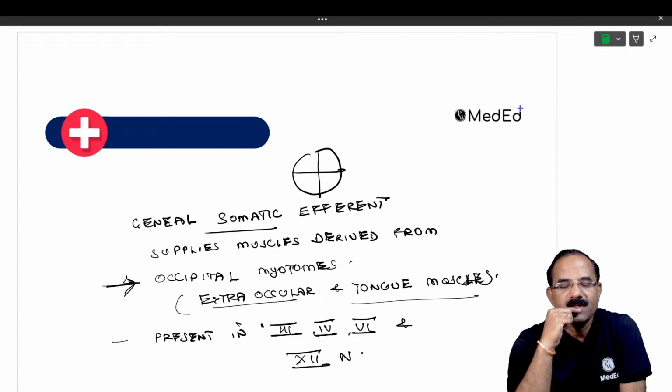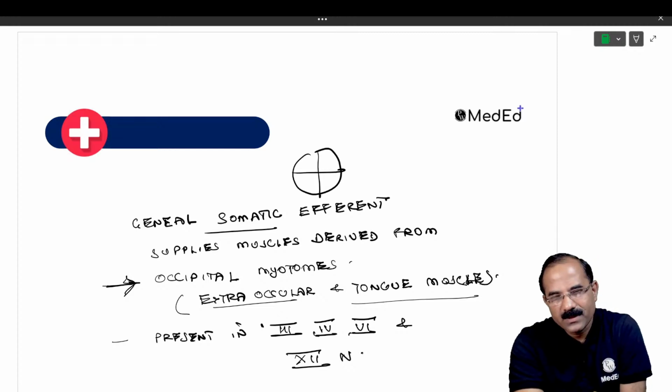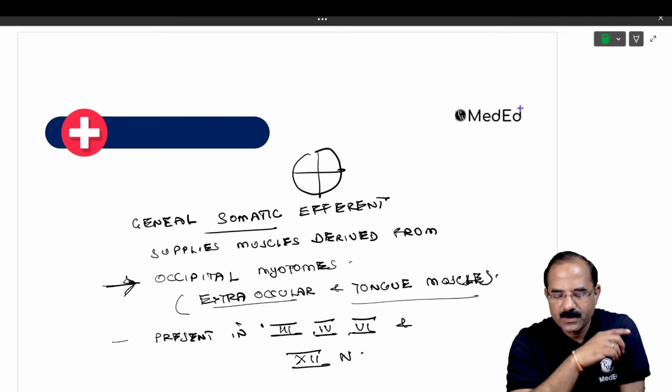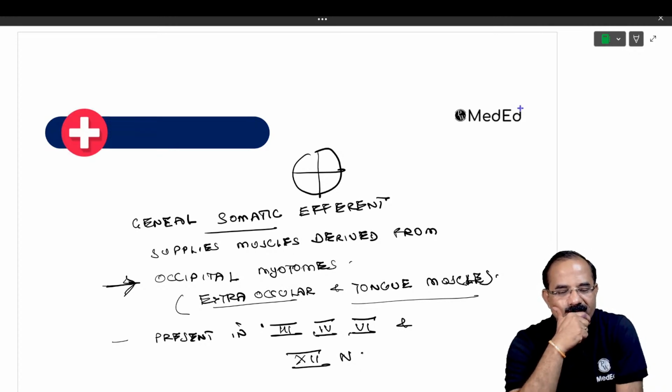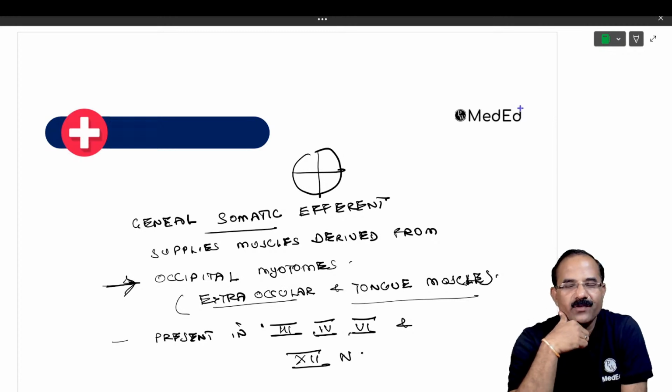Any guesses? Superior salivatory nucleus represents which functional component? Asif, say it. General visceral efferent. Yes.